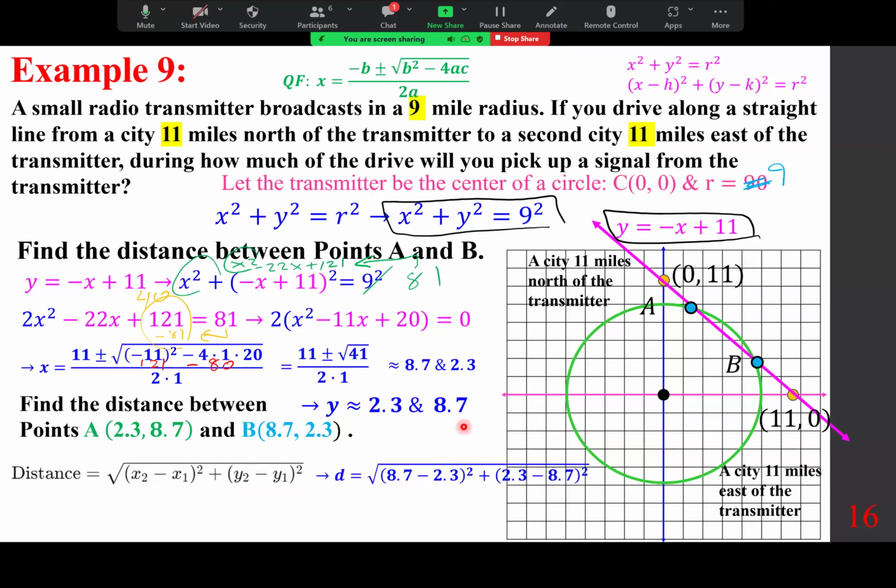You square this, add them up, you get 81.92, and you take the root of that, you get 9.05 miles. So the distance between these two points A and B is about 9 miles, or 9.05 miles. So the signal is covered for how much of the trip? 9.05 miles.